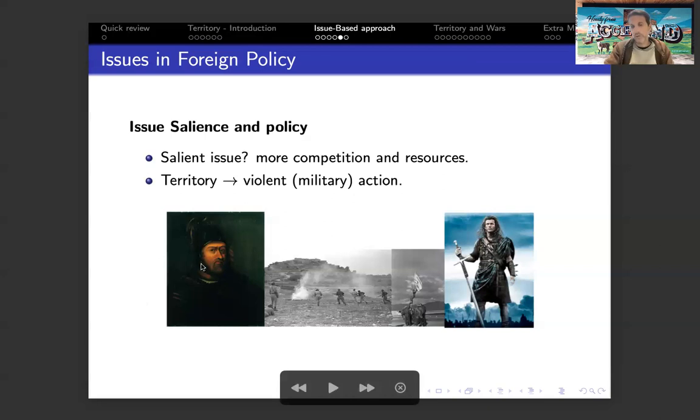So this is the original William Wallace, and that's Mr. Mel Gibson, who portrayed him in the famous movie. And in between, we have some historical photos from Israeli wars, as a lot of the wars that Israel was engaged in over its history revolve around territorial issues. Again, salient issues, which increase the odds that the way to address those issues will be using violent military action.